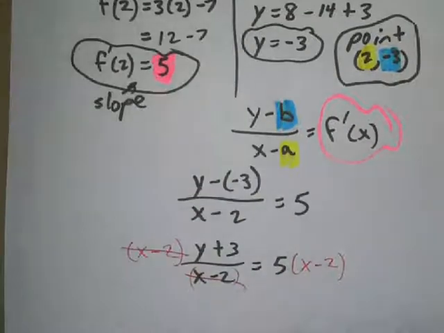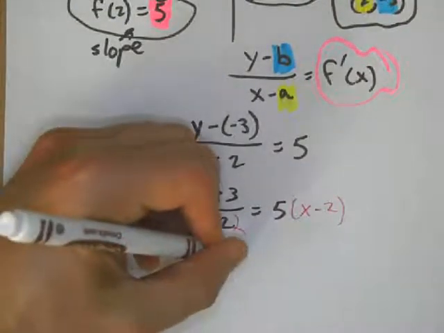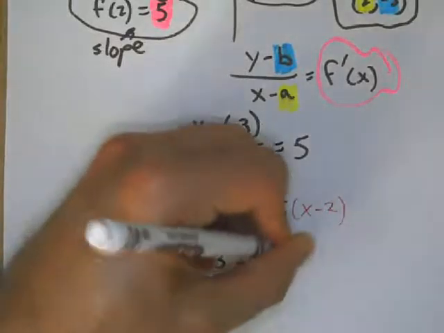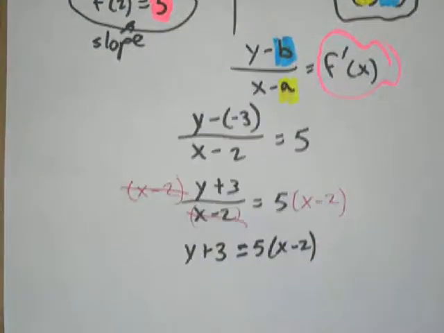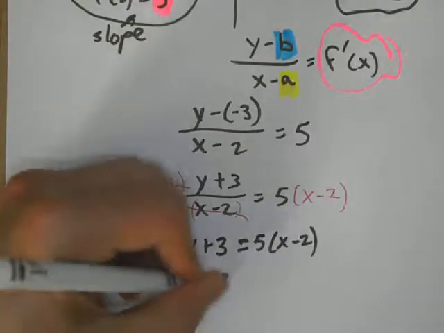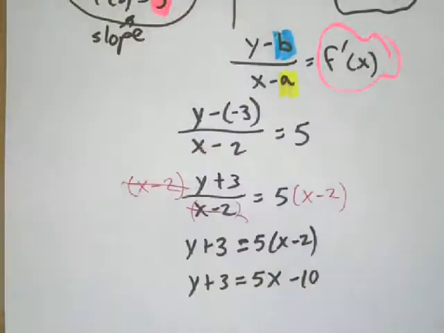Okay, and now I've got y plus 3 equals 5 times x minus 2, right? And so now I'm going to distribute the 5, and we get y plus 3 equals 5x minus 10.